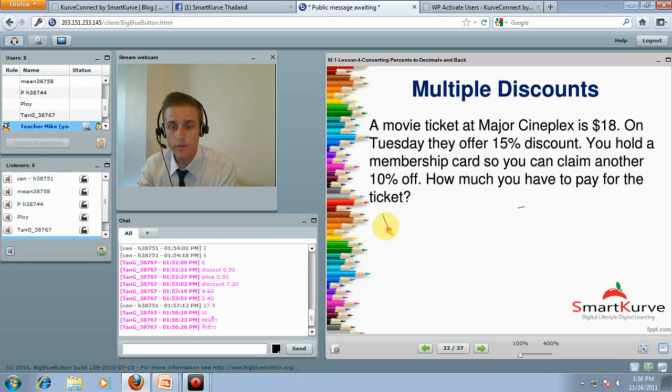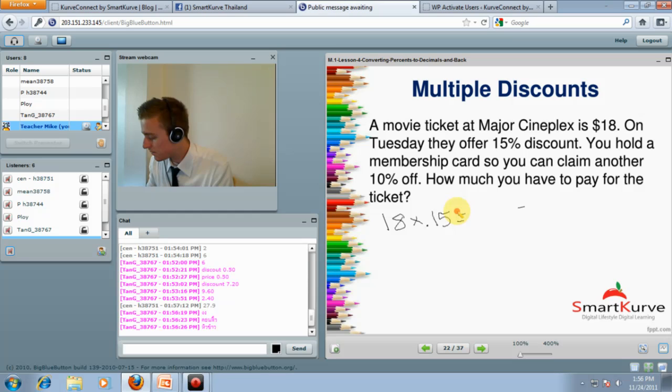Okay, so what we have is $18 for the original ticket. They are offering a 15% discount. So 18 times 0.15. Can anybody type me what 18 times 0.15 is?